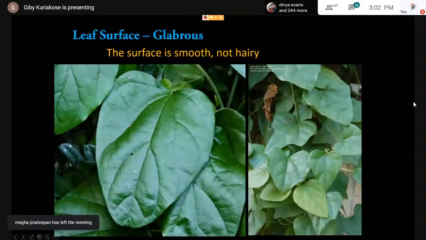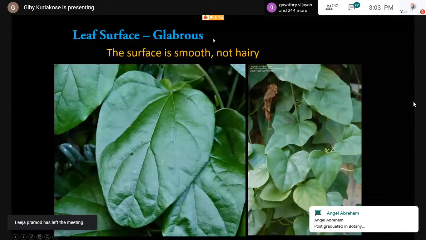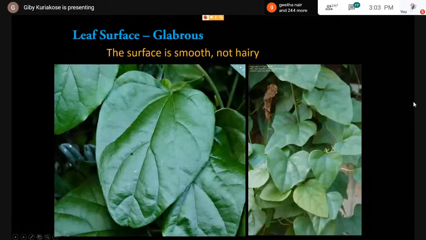And then this is a very different condition, the glabrous condition without any hairs. Among glabrous itself, there are shining, waxy, or oily leaves with oil glands. There are so many different types of glabrous leaves, but no hairs.